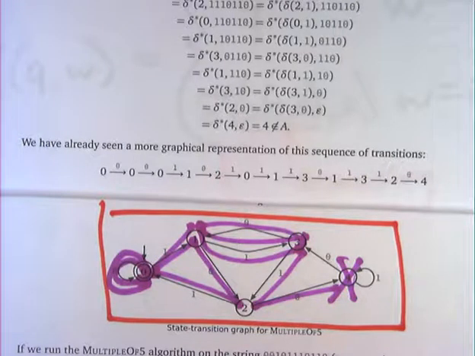I would like you to be able to comfortably switch back and forth between, oh, here's this delta notation that I can use if I want to write things down formally, to, well, here's this arrow notation I can use to be a bit more intuitive and suggestive, to, well, I'm really thinking about a walk in a particular graph whose edges are labeled in a particular way, instead of having a big lookup table or an explicit function.